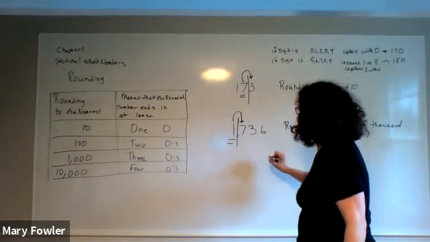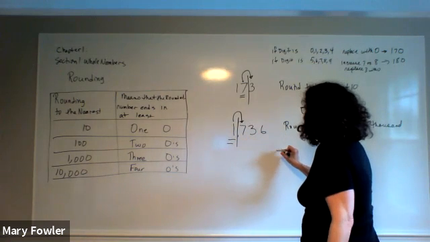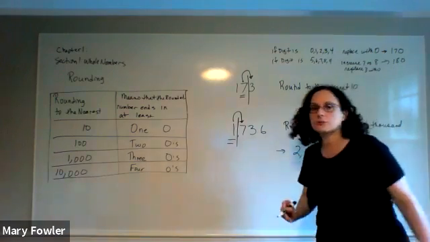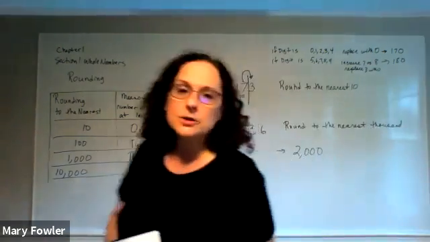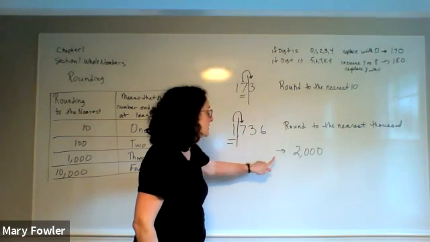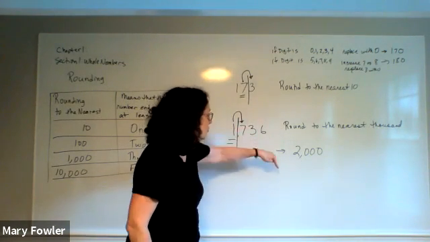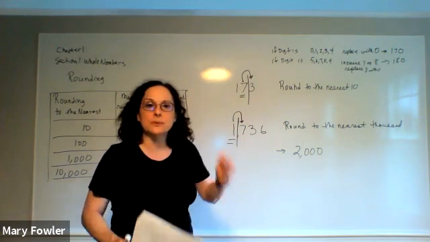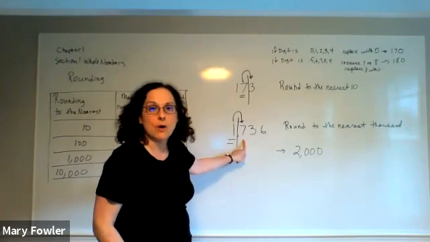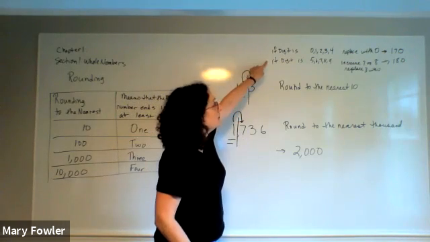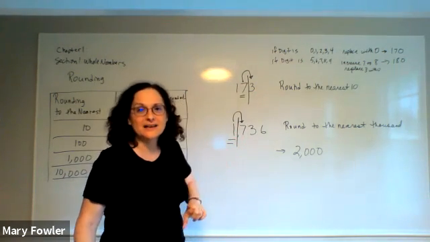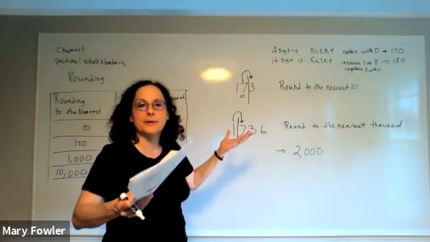So this number, rounded to the nearest 1,000, is 2, and everything else turns into a 0. 1,736 rounded to the nearest 1,000 is 2,000. It was either going to be 1,000 or 2,000, but because this digit was in that second chunk, 5 to 9, we rounded up.